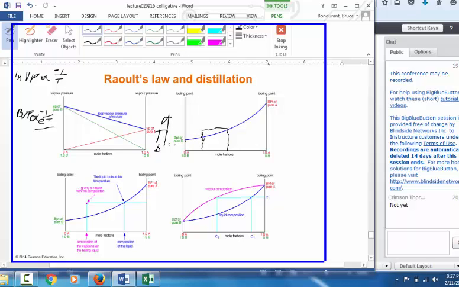Now here it would boil and come over to maybe a 90% mixture and condense and so forth, and you could draw a line to these points and they would define a curve something like this. That would be the curve. And this is what's used to think about distillation. You start out with a concentration here, you boil it, you condense it, you end up with a concentration here, you boil it again, you get this concentration, you condense it, you get that concentration, you boil it again, and now it's pretty much 100% of your lower boiling mixture.